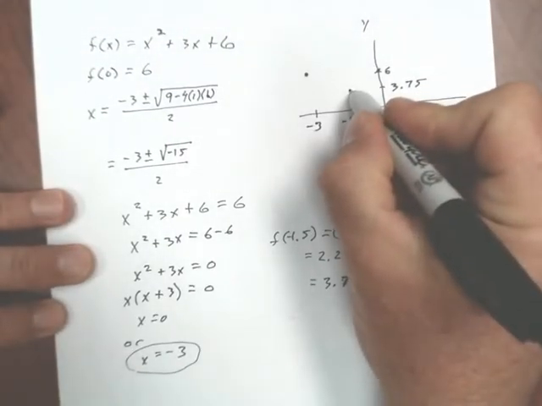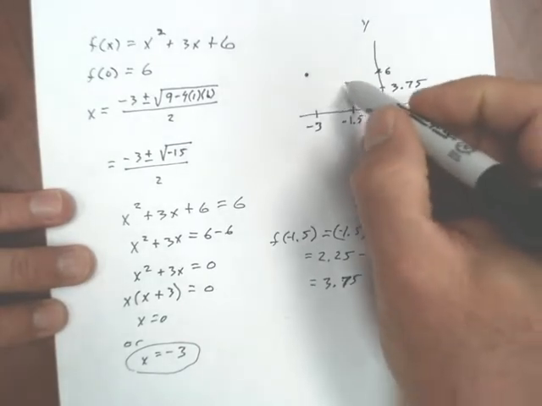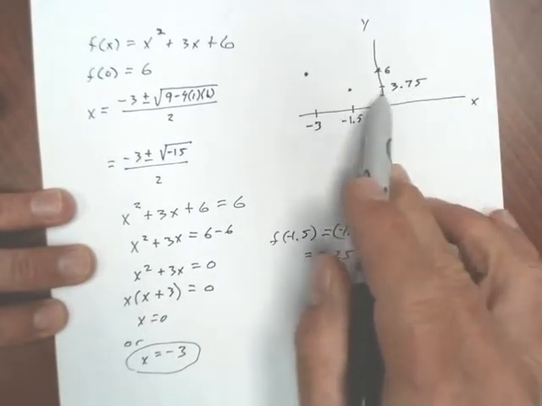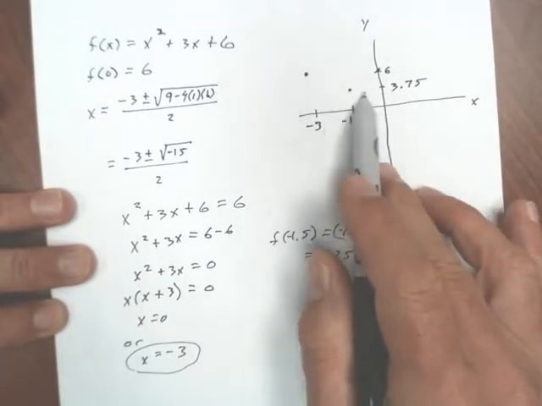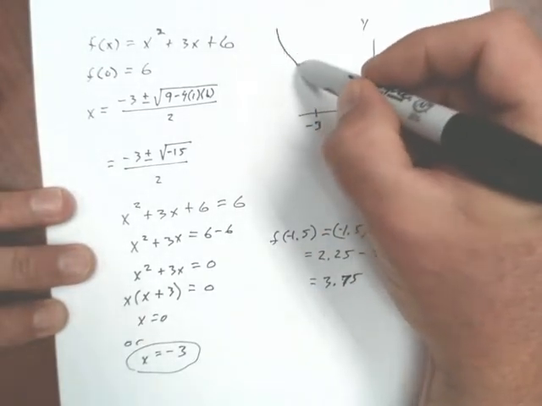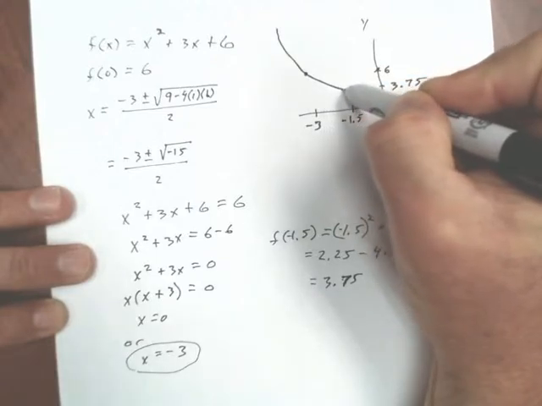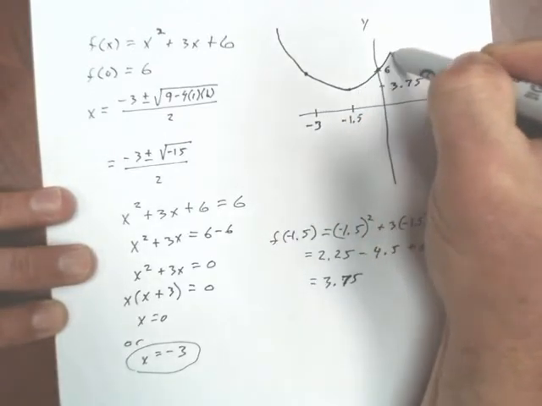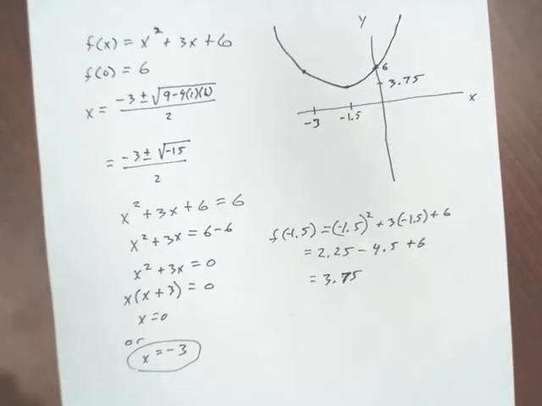So right about there, okay? Because -1.5 is our axis, and positive 3.75 is the y coordinate of our vertex, and this is our function graphed.